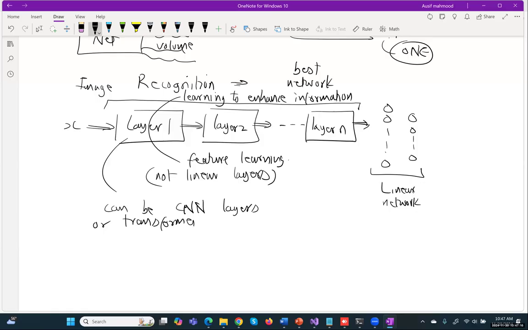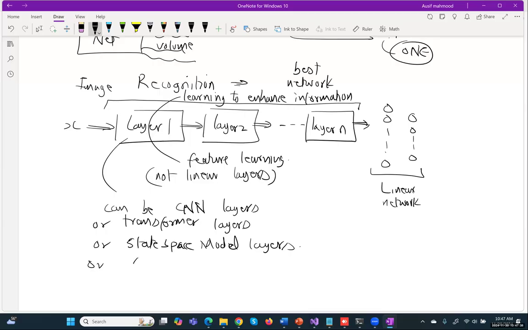Transformer is another architecture that I will give you an idea about in the next lecture. Or state space model layers. And again, I'll give you some idea before we end the course, okay?